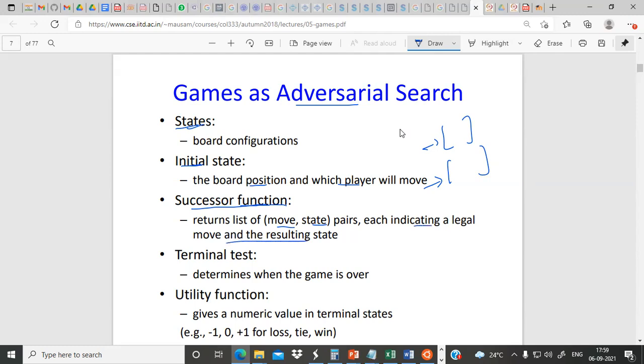What the legal moves are, as per the rules of the game, and how each piece can move, should be specified in the program. And the terminal test determines whether the game is over or not, whether you have reached the goal state or not.